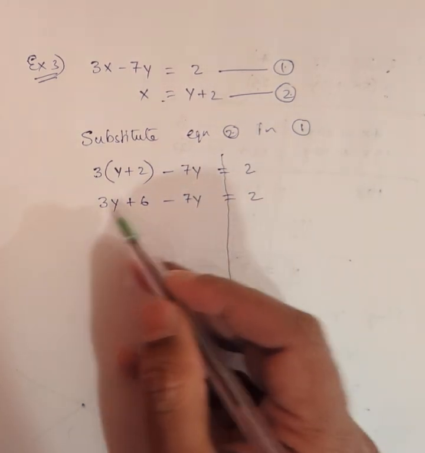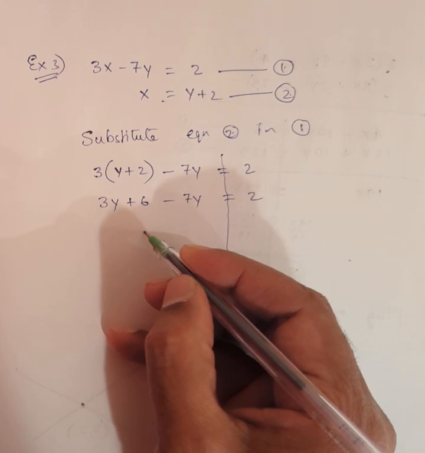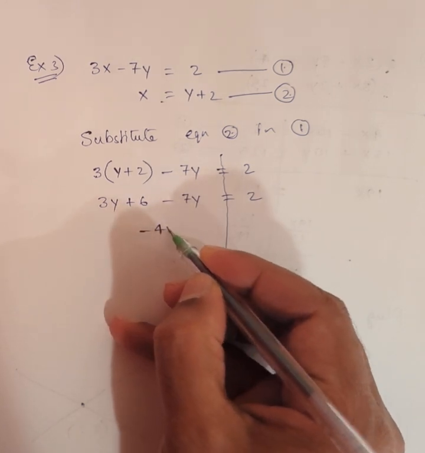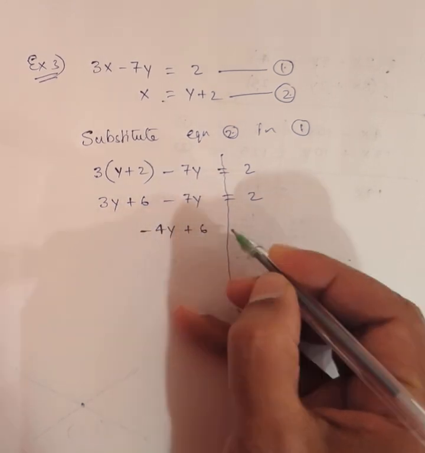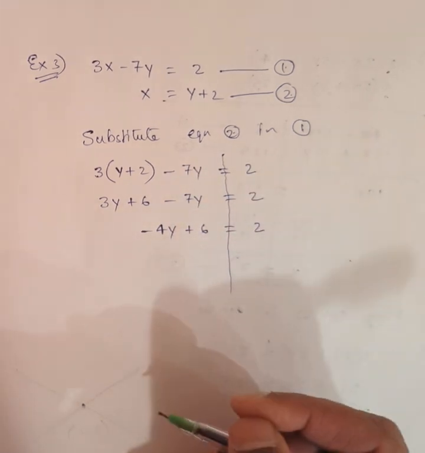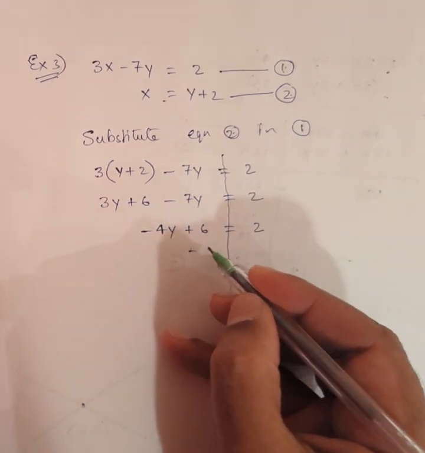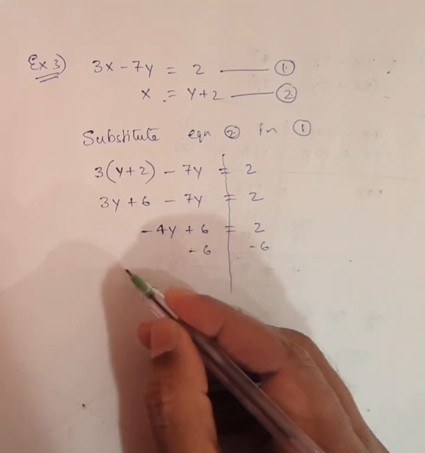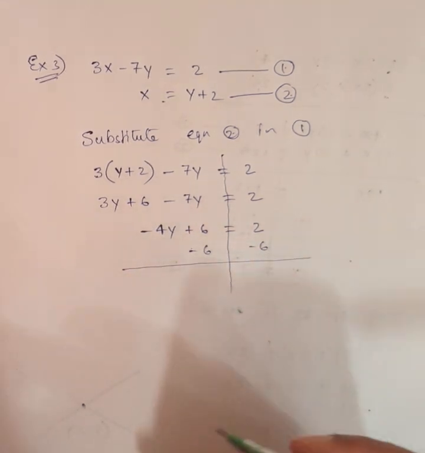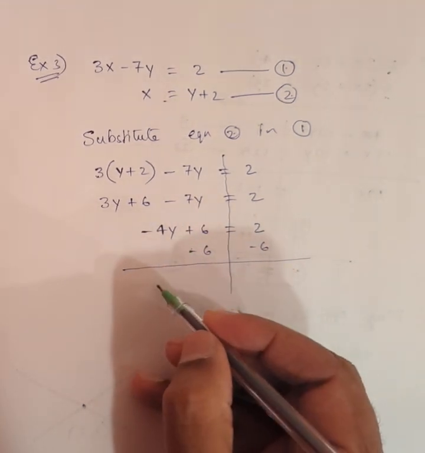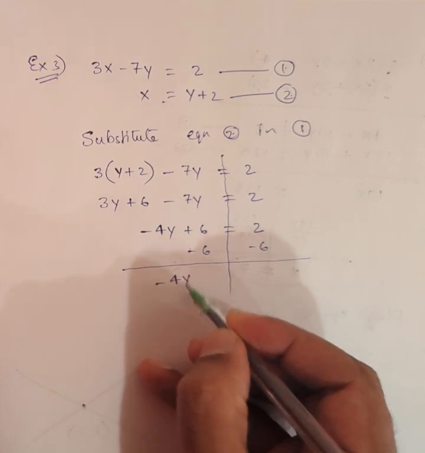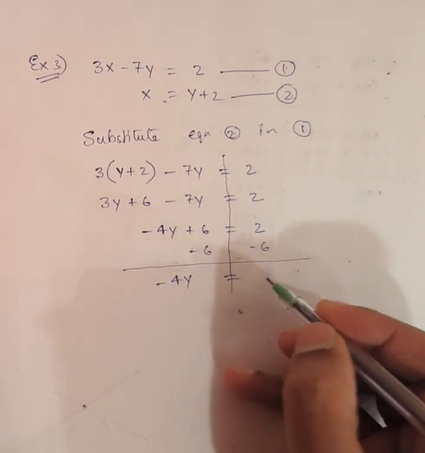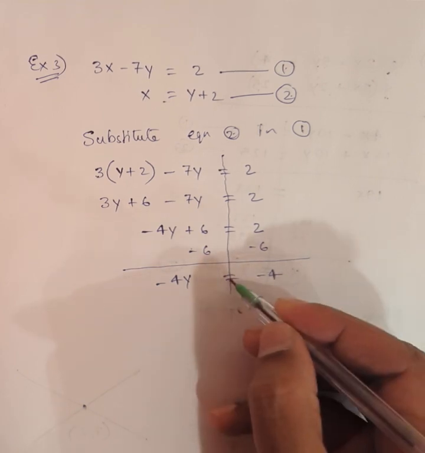And we can combine 3y minus 7y is negative 4y plus 6 is equal to 2. And then you subtract 6 from both sides. So you have negative 4y is equal to 2 minus 6 is negative 4.